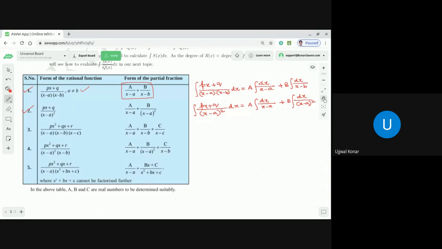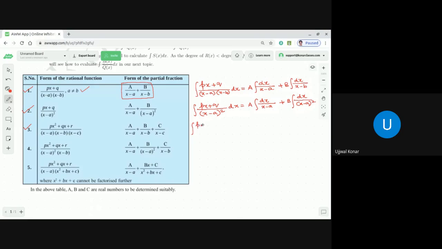Now the third case is that the denominator is a cubic polynomial, (x minus a) into (x minus b) into (x minus c), and the numerator is a quadratic polynomial. Got it? Then it is very simple. You write this as capital A by x minus a plus capital B by x minus b plus capital C by x minus c. Then what will be its integration?